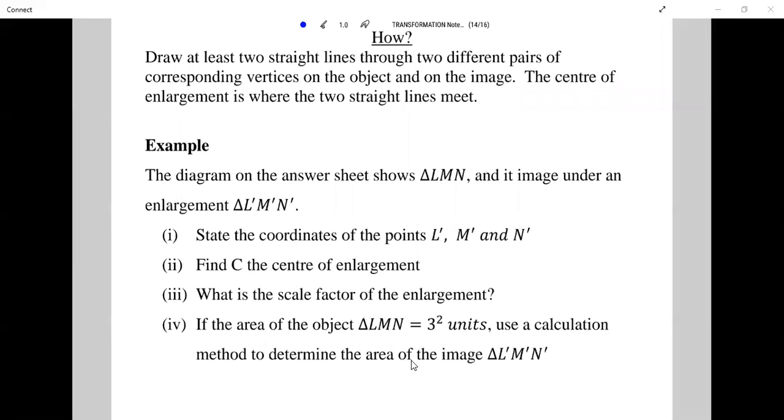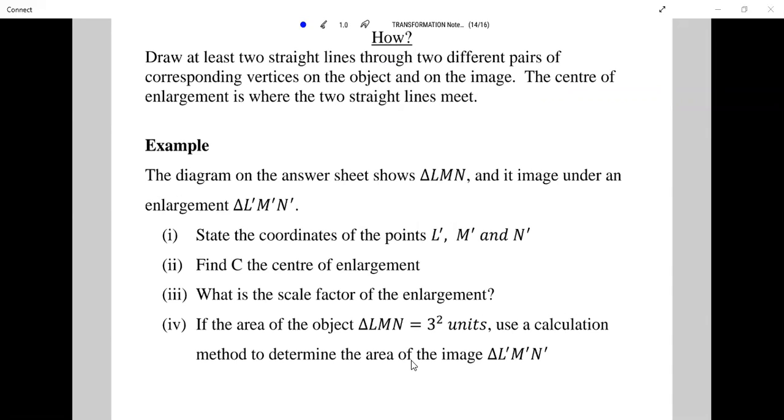This example says, the diagram on the answer sheet shows triangle LMN and its image, L prime, M prime, N prime, under an enlargement.